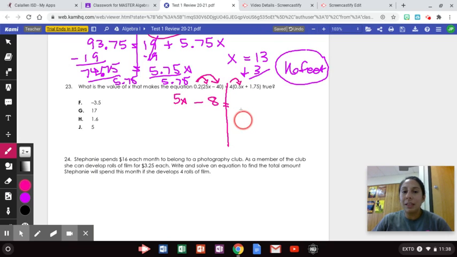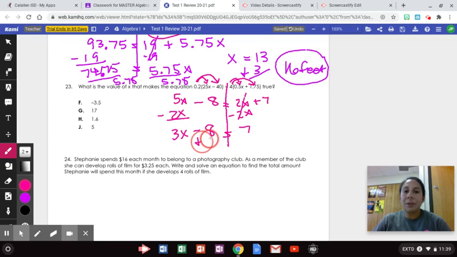Doing that gives you 2x, and then we distribute the 4 times 1.75, which is positive 7. So 5x and 2x. 2x is smaller, so we're going to take away 2x. That gives you 3x minus 8 equals 7.